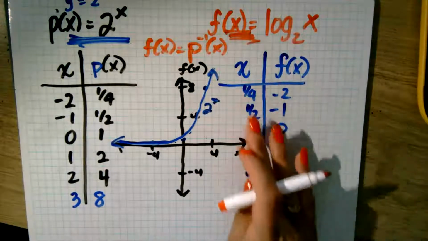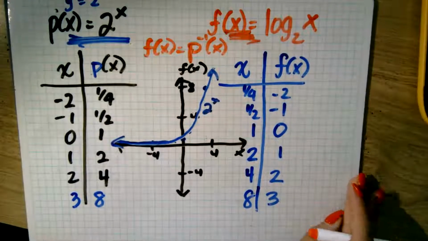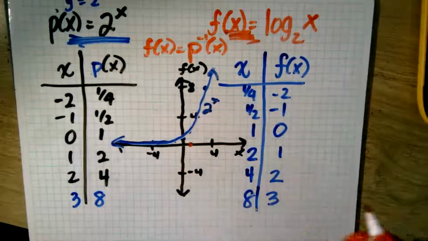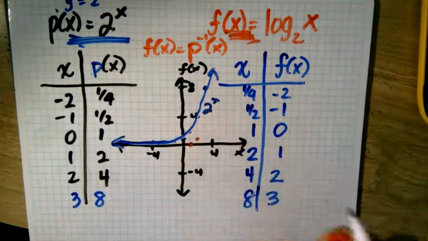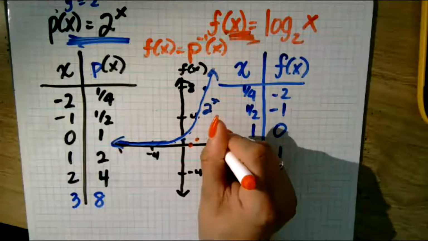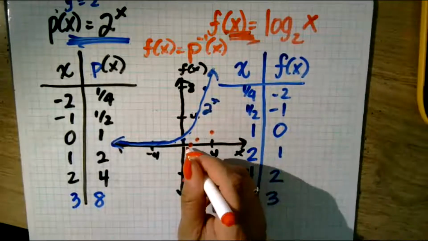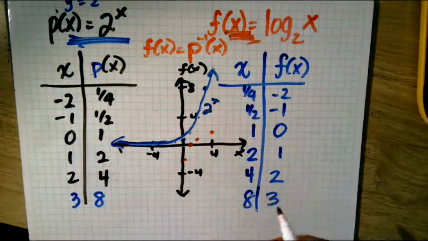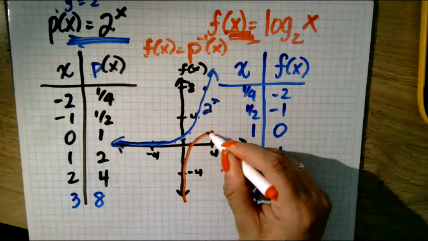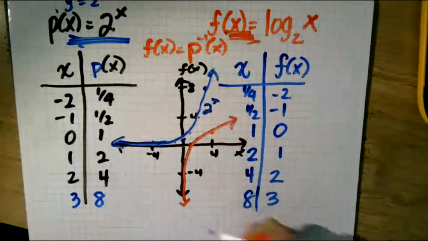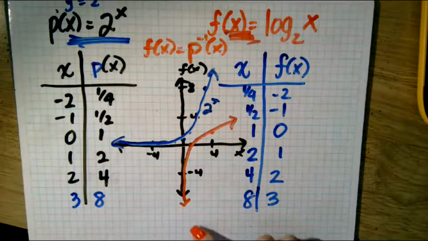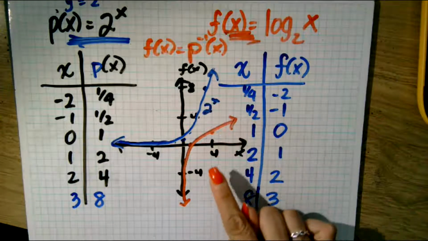I have my table of values here, so I can just do that. So I have 1 corresponds to 0, 2 corresponds to 1, 4 corresponds to 2, 1/4 corresponds to negative 2. So now I have something that goes like this. And welcome now to your logarithm function.